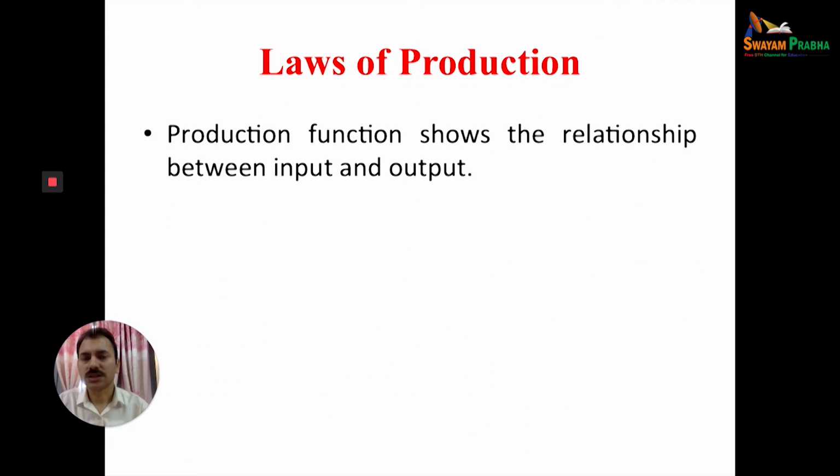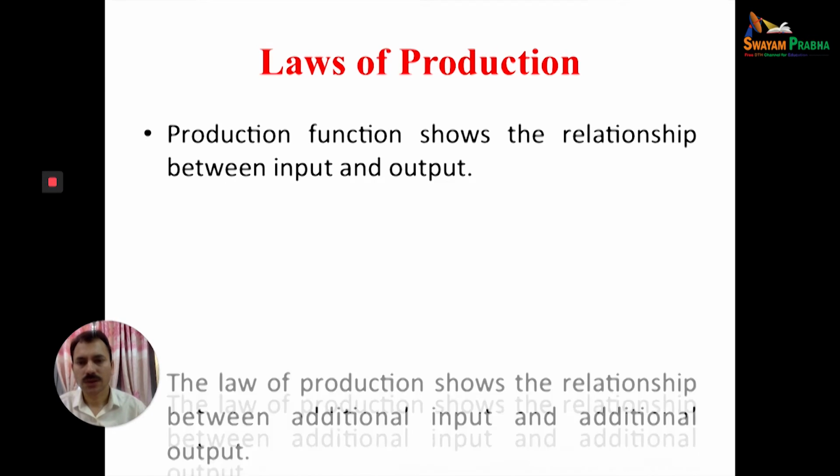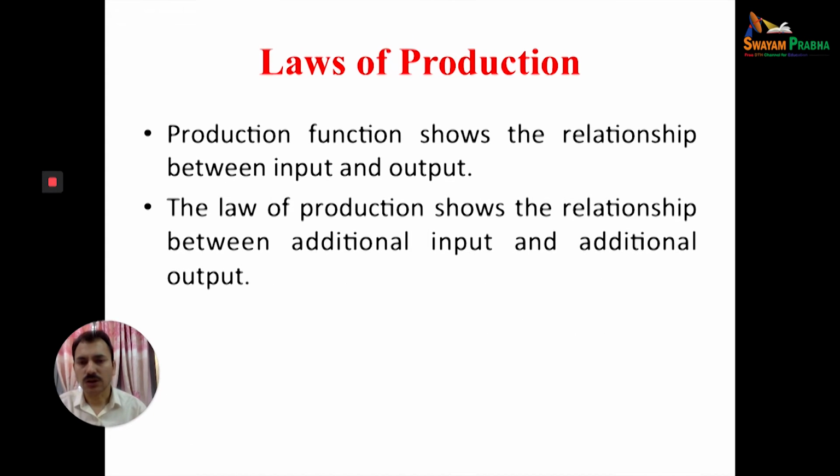Now let us discuss the laws of production. The production function we have discussed shows the relationship between input and output. The technical relationship between input and output is the production function. But the laws of production show the relationship between additional input and additional output.